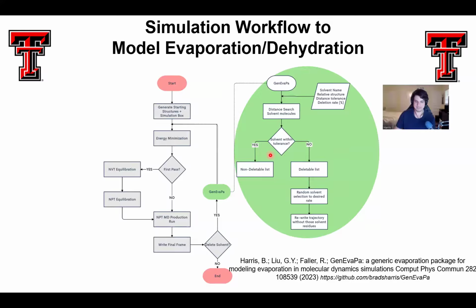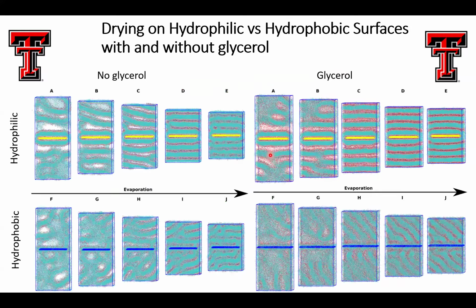And then we need to analyze all of them. What you see here, again, same temperature, same pressure, but these are 4 different conditions. This is different surfaces, hydrophilic, hydrophobic, pure ethanol, ethanol glycerol system. And you see in the end, the morphology is very different.